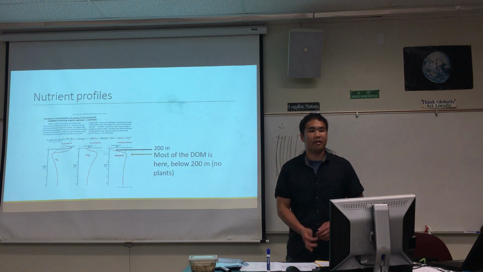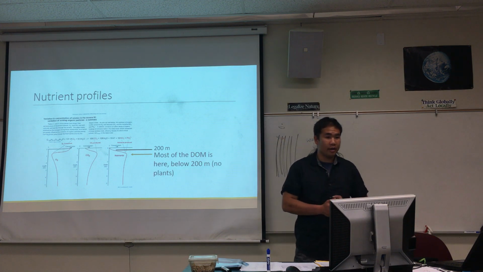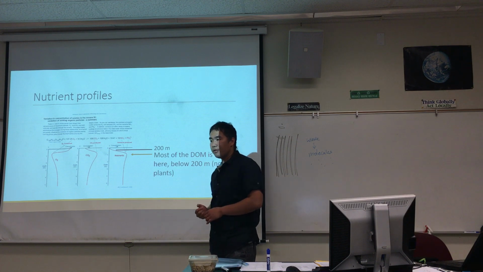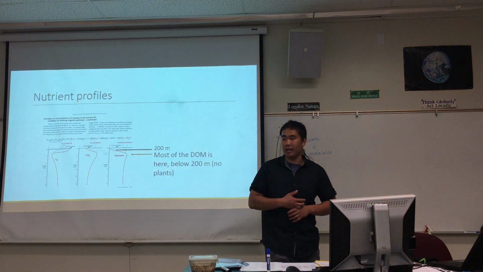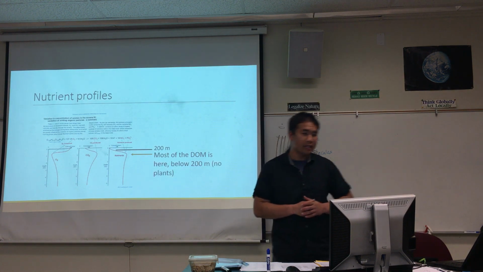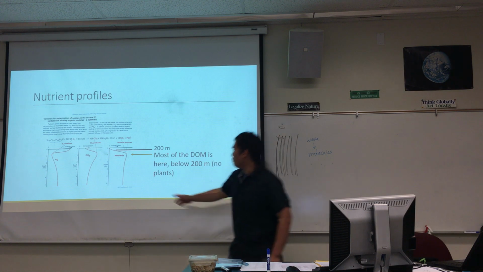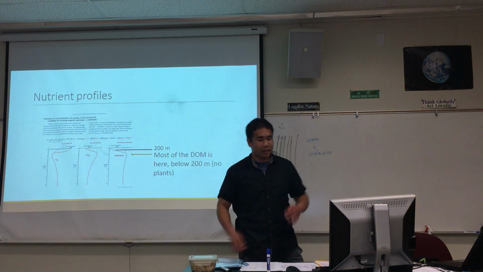Above 200 meters, right? Because if you're not above 200 meters, then what are you missing? Sunlight, right? Primary producers need sunlight, and so you can't have the cyanobacteria going down to 1,000 meters just to pick up the DOM. That's the problem with DOM.